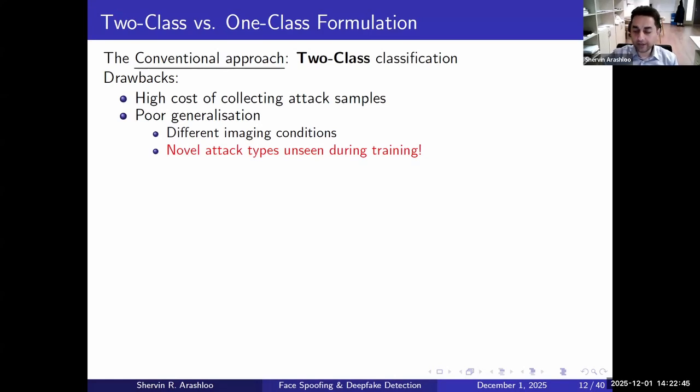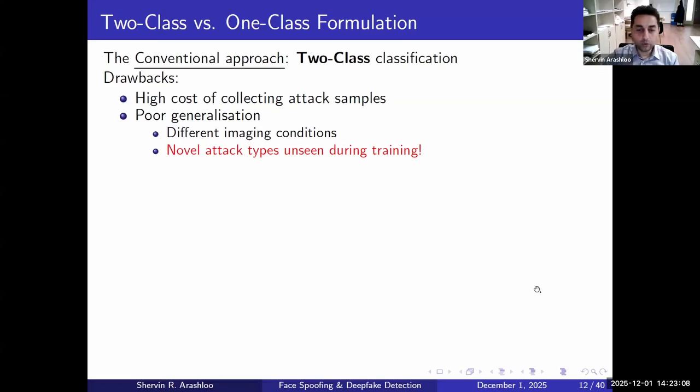However, there are certain drawbacks with this method. First of all, you need to set up an environment so that you can mimic those attacks. You would probably need some masks, videos, and tablets, and then collect all of those fake samples, which is labor intensive.